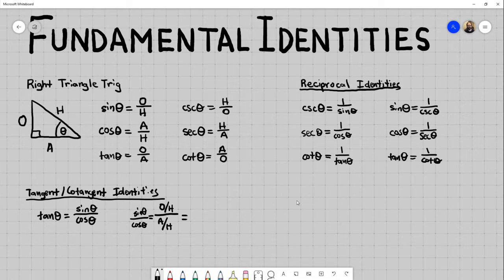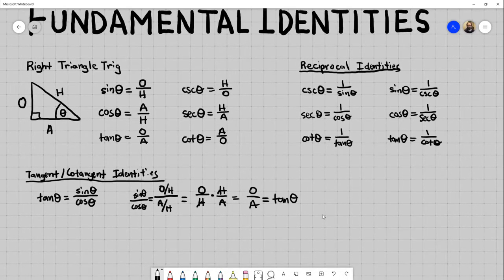Remember, division is the same as multiplication by the reciprocal. So if I want to take opposite over hypotenuse and divide by a over h, that's the same as multiplying by h over a. Our h's cancel. We get opposite over adjacent, which is exactly tangent of theta. So that is why tangent of theta is equal to sine of theta over cosine of theta.